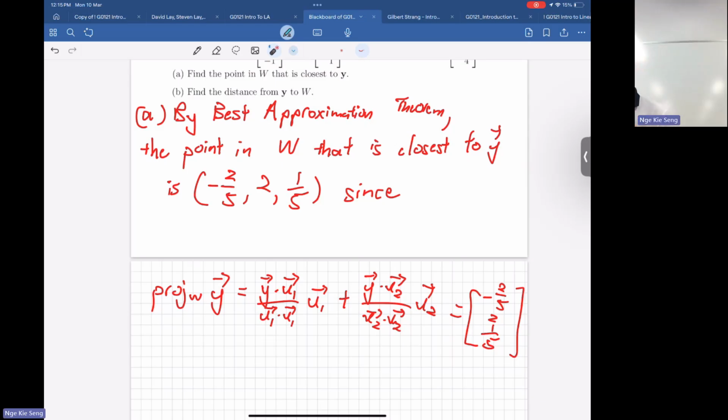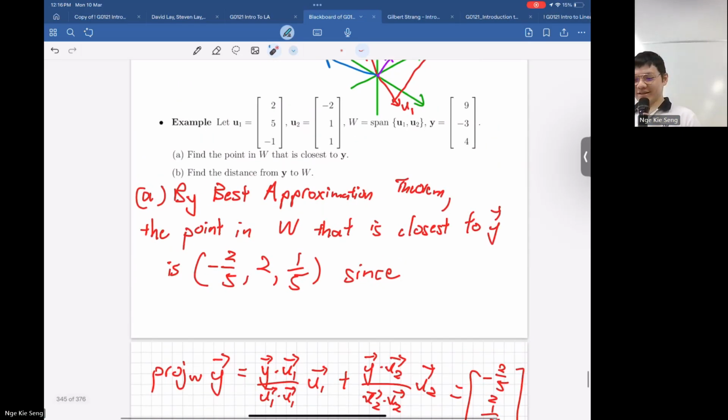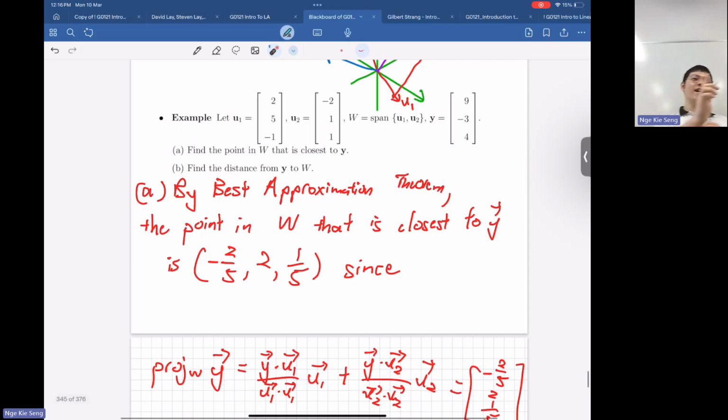Right, next. The question asks, what's the distance from y to W? I think this question has a bug. Do you know where the bug is?